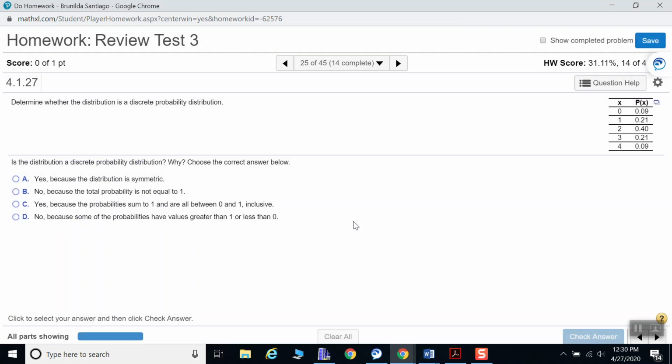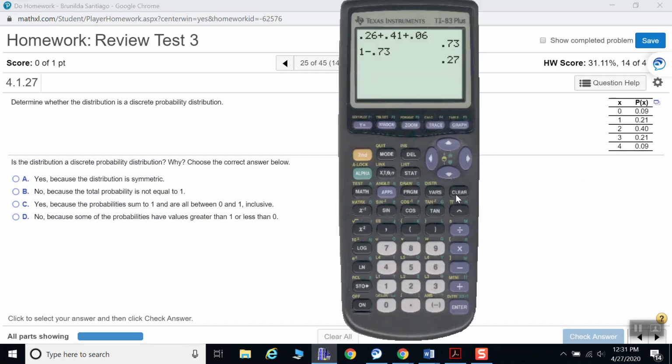Question 25. Determine whether the distribution is a discrete probability distribution. By looking at them, each one of the probabilities is positive. They are between 0 and 1, so it does pass that test. But then what we need to check is if the sum of the probabilities adds up to 1.